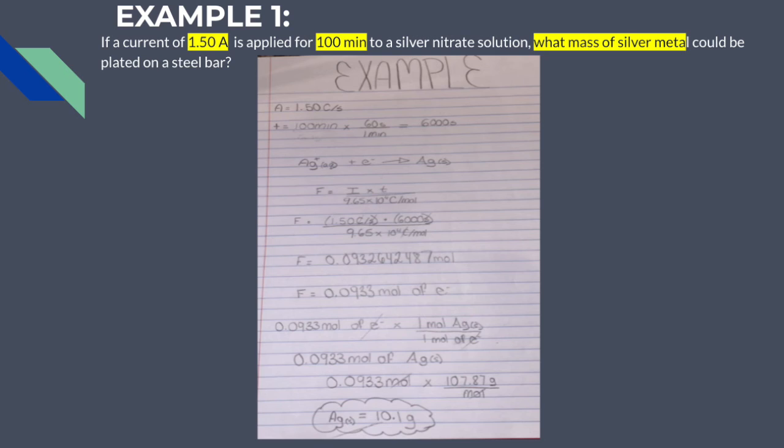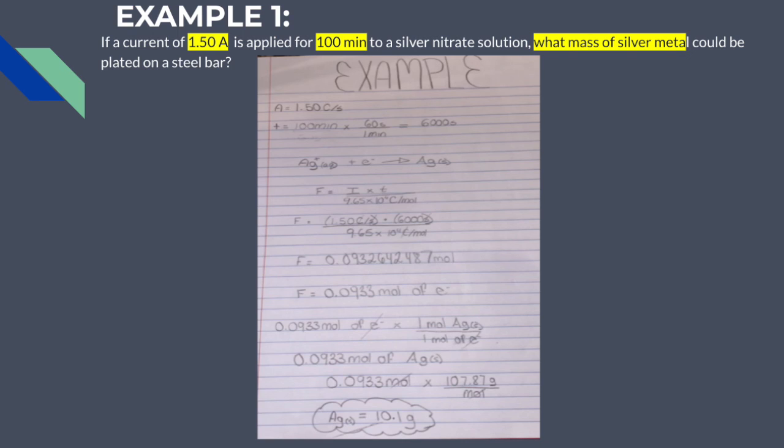Using that equation that I told you about in the last slide, you will need to go 1.50 coulombs per second times 6,000 seconds divided by 9.65 times 10 to the power of 4 coulombs per mole. And once you do that, you get your moles of electrons, which will be 0.0933 moles of electrons.